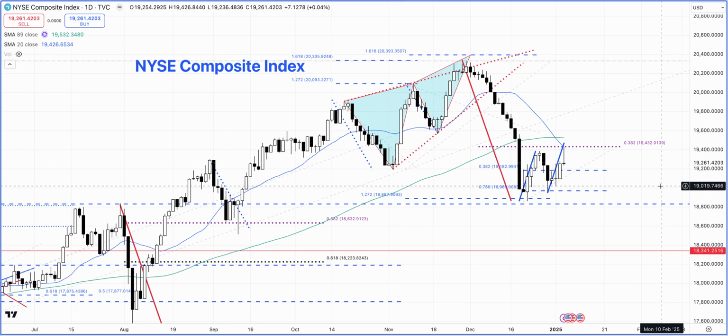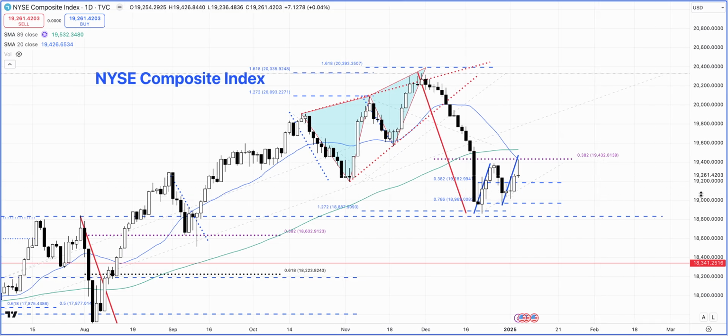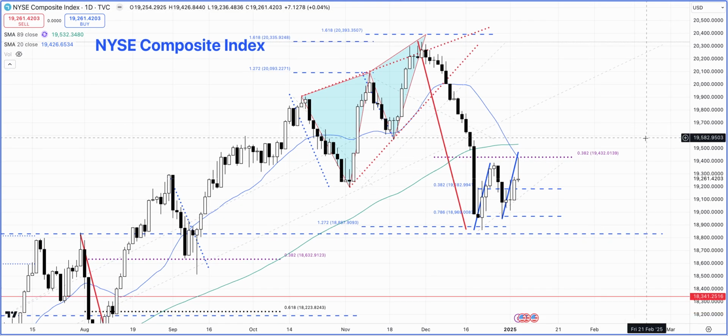So that is really an important and key chart to watch. And if it's able to close higher than 19,000, that's going to be fantastic for the equity markets to put in higher prices, and maybe some indices make new all-time highs.